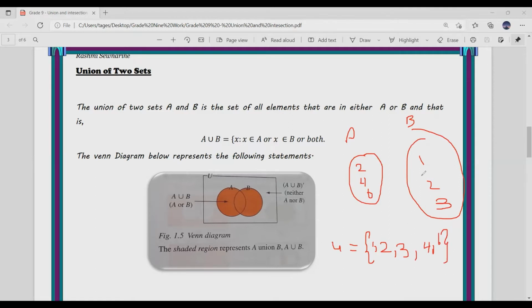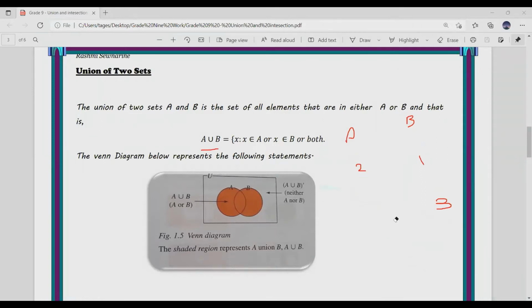It is all the elements that are in A and in B. And as you can see, it is written as A union B. So if we were to write this here, we would have A union B is equal, and we continue, right? We list the elements that are in both of the sets. Okay, so let's move on.